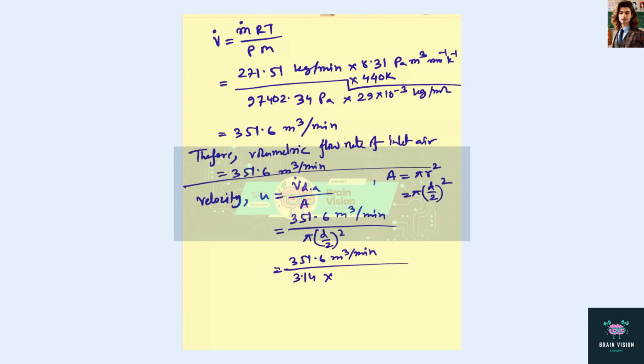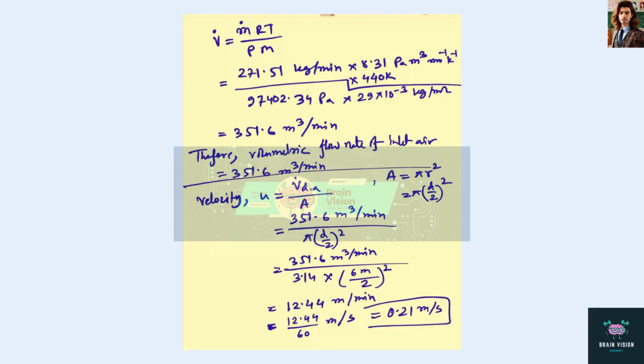Pi is 3.14. The diameter given is 6 meter, which gives us 12.44 meter per minute, or 12.44 divided by 60 meter per second, which is 0.21 meter per second. Therefore, the velocity of the air at the bottom of the dryer is 0.21 meter per second.